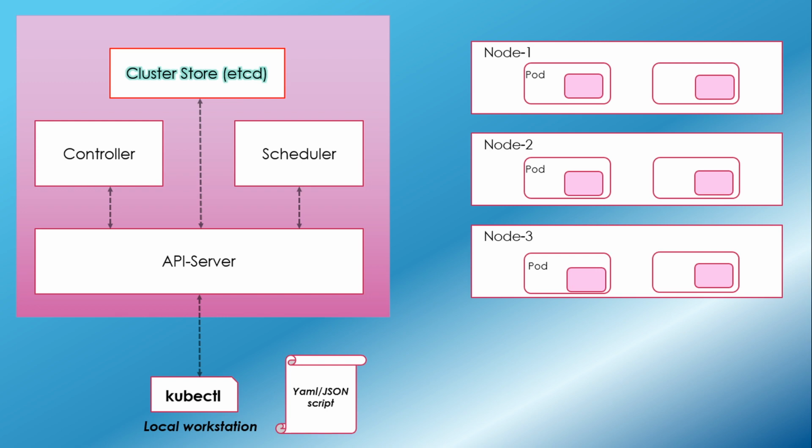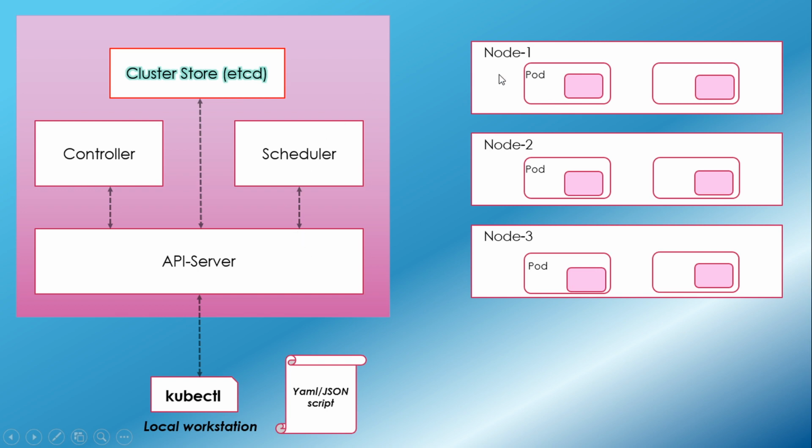Let me deploy that manifest to the healthier node. Then the scheduler chooses among these nodes the best, healthier node. Then the scheduler informs the associated node of this manifest file and asks, hey node, please deploy this application as requested by the API server.